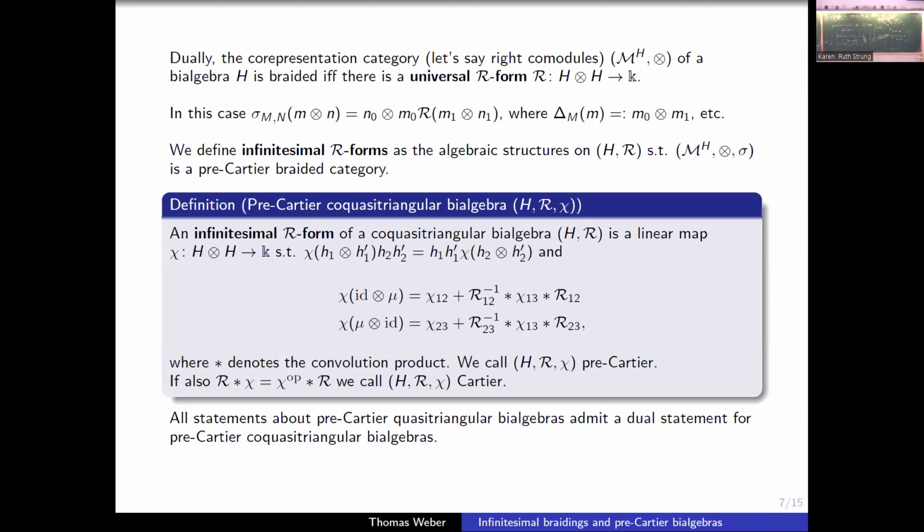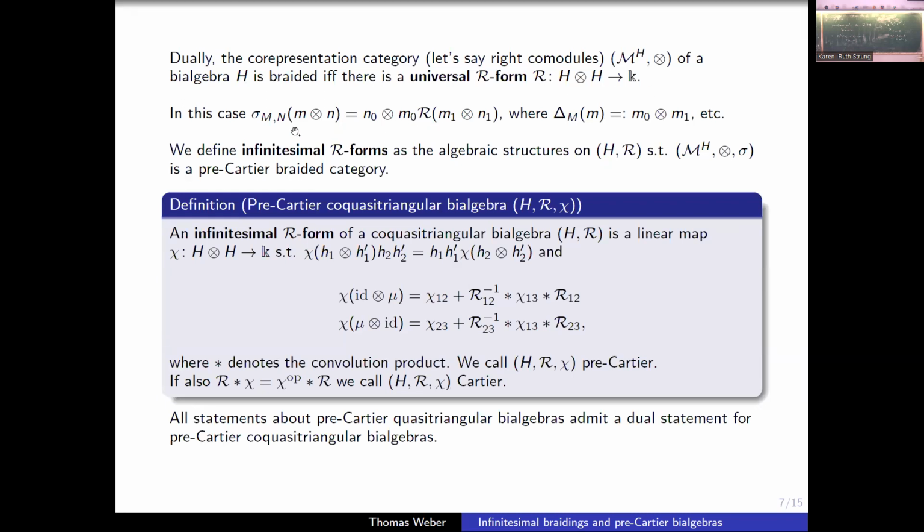Okay, just a quick comment. We can do everything in the dual picture. So if you're not talking about modules, but rather comodules, we can do the same thing. There we don't have an R matrix, but an R form. So now R is a linear map from H tensor H to K that satisfies the dual properties of our universal R matrix.